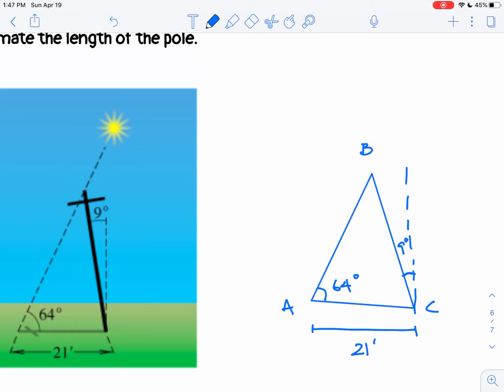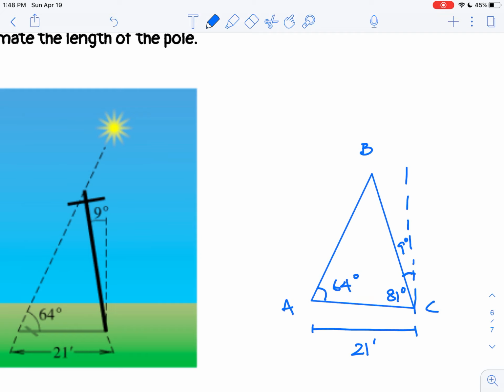What that allows me to do is figure out that angle C is actually 81 degrees, because if the pole were standing straight up, it would be a 90-degree angle, and 90 degrees minus our 9 degrees gives me 81 degrees.